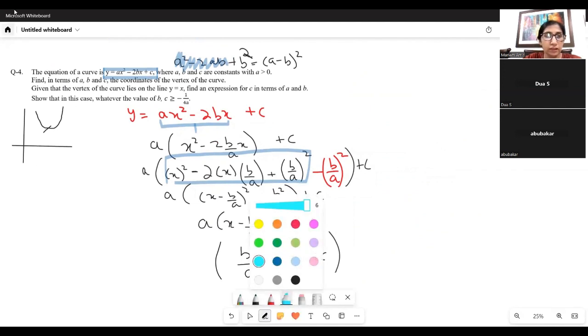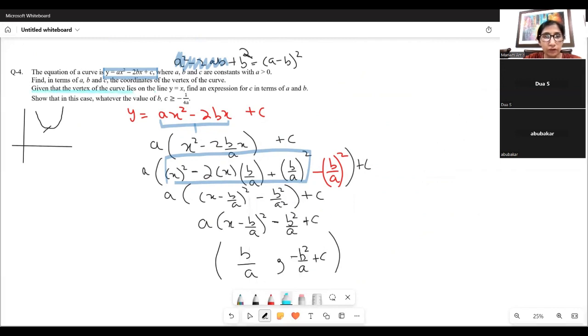Next it says, given that the vertex of the curve lies on the line y equals x, find an expression for C in terms of A and B. They are telling you that the vertex you found is lying on the line y equals x. Let me draw it. The diagram went a bit wrong, let me just fix that.